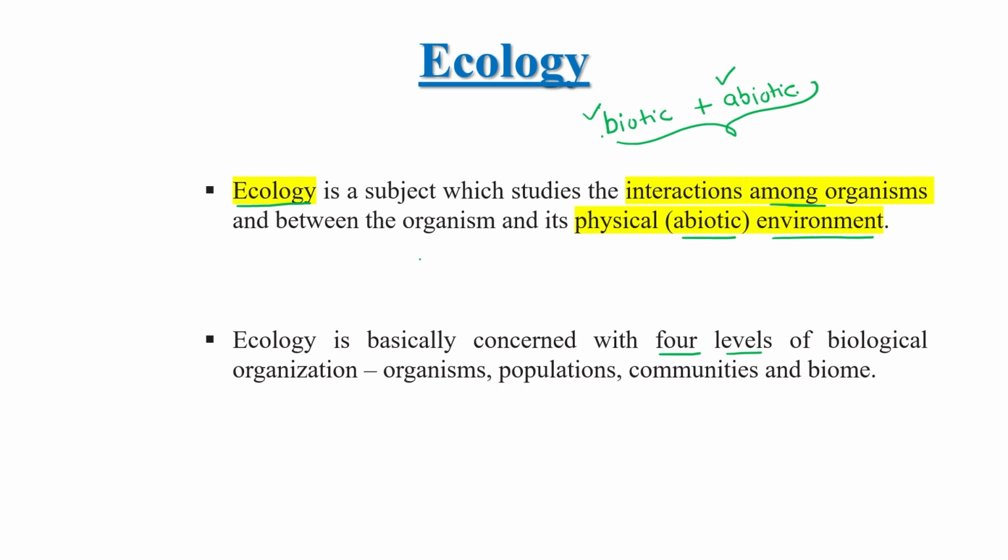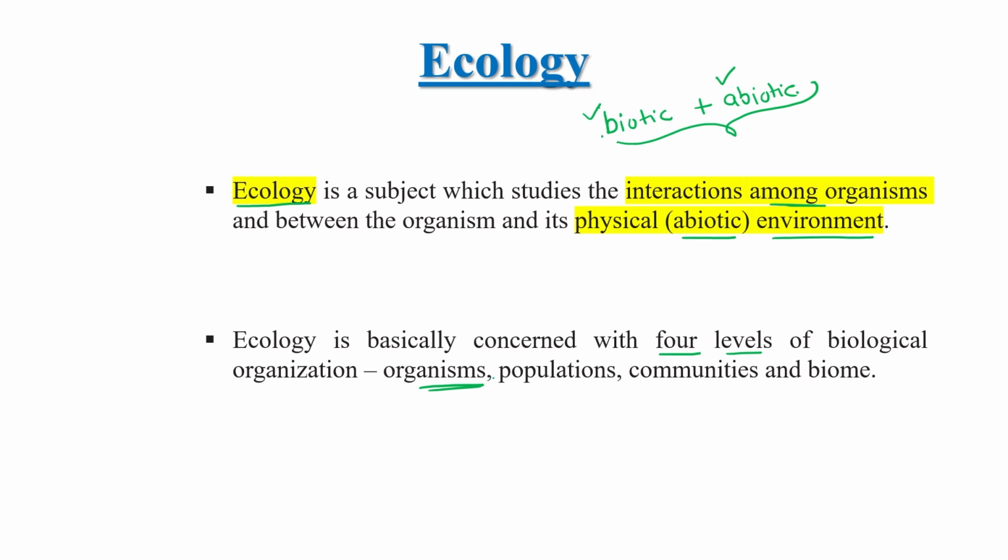First level, at the organism level, within a single organism, what are the things present in an organism? If you want to study a single plant or single bacteria, what type of mechanism, what are the parts, what are the cell types.